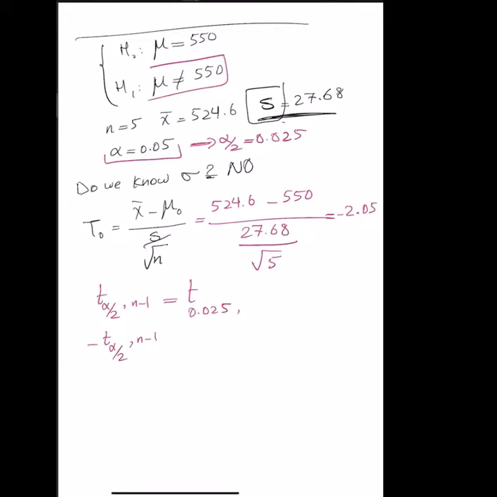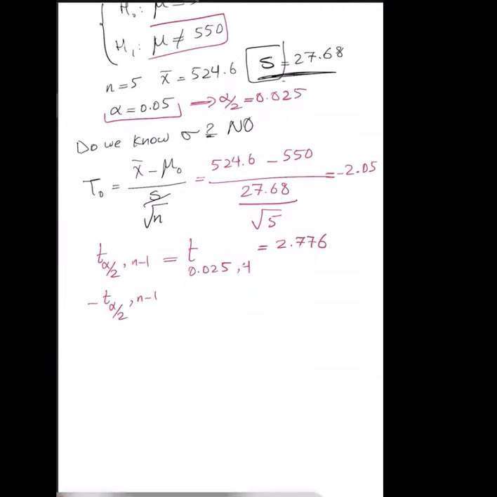N minus 1 is 5 minus 1, which is 4. So let's find this value from the T table. 0.025. What number did you find? 2.776.